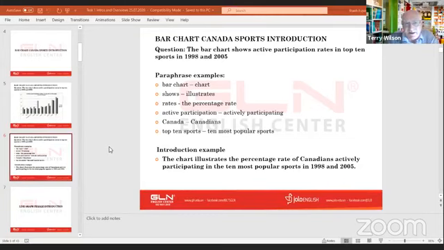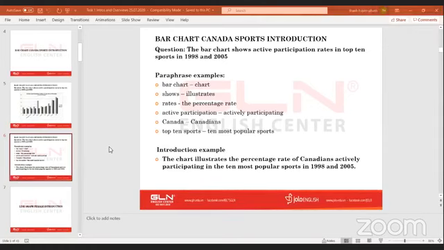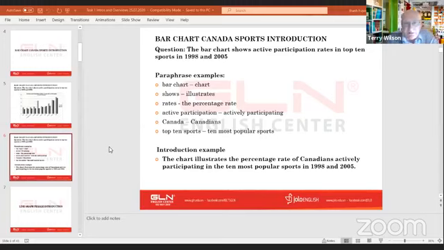Changing active participation to actively participating will be seen by the examiner as an example of complex vocabulary. And practicing changing nouns and verbs, the forms, is a good way of improving your vocabulary band score.